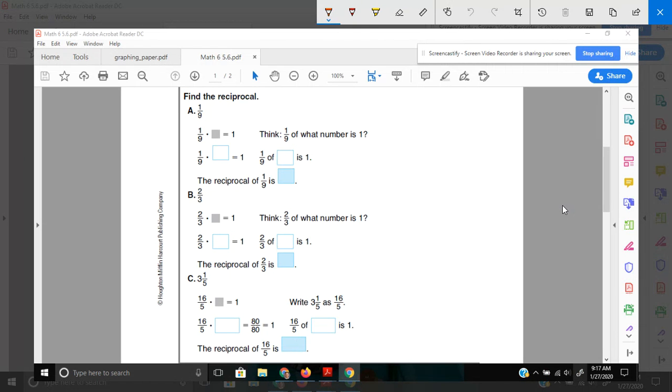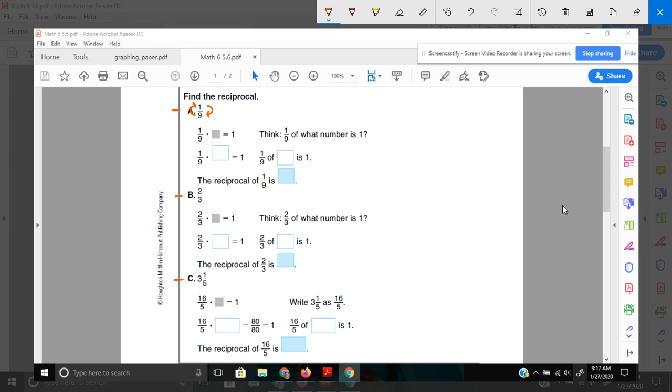So here we're going to try to find the reciprocal of A, B, and C. We've got 3 examples here. The reciprocal, think 1/9 of what number is 1? Well, the other way you could think of this is by just flipping your numerator and denominator.